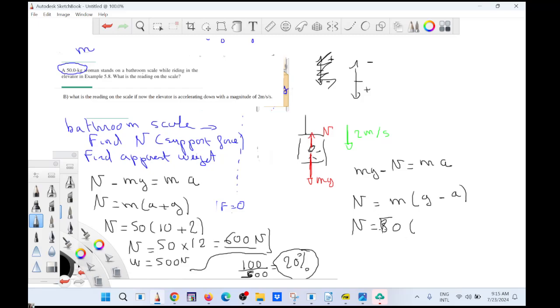No, it's not 80, it's 50. 50 is the mass, times 10 minus 2. So we have 50 times 8, of course, it's going to be 400 Newton. Okay, so she lost 20% of her weight in this case.